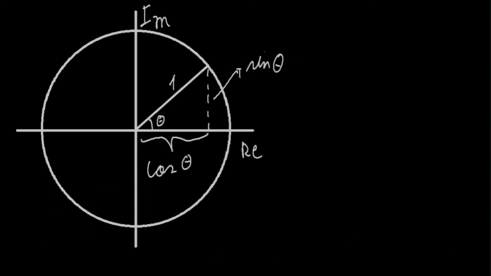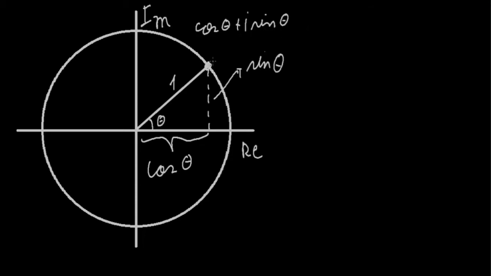So that's why the sides are sine and cosine. So with this out of the way, we know that this point over here, which is a complex number, has its real part being its width and its imaginary part being its height. So we can denote this number as its real part, which we know is cosine theta, plus i sine theta.